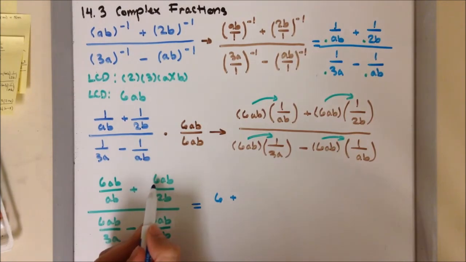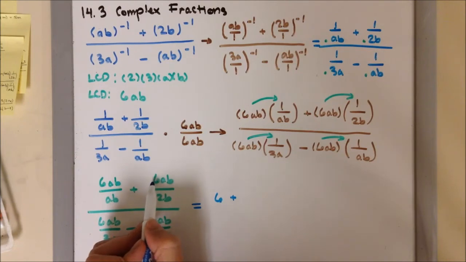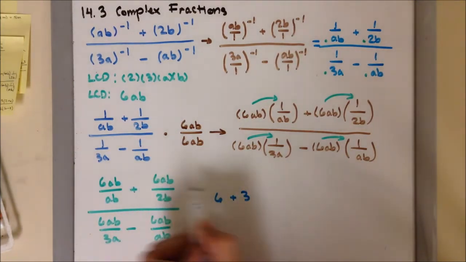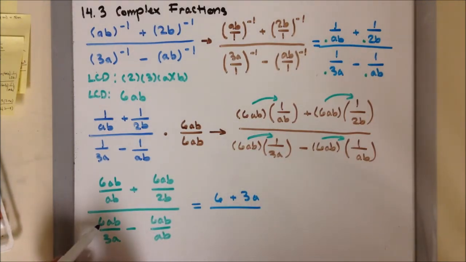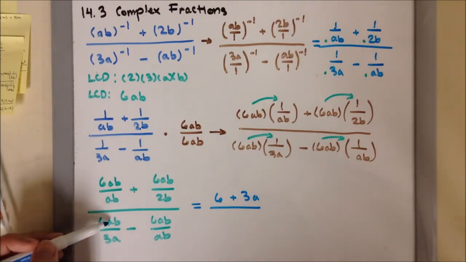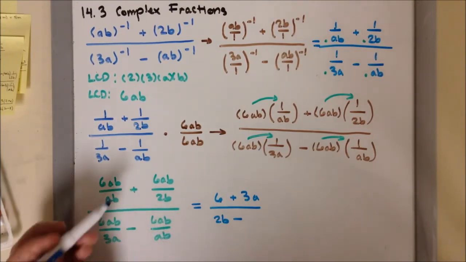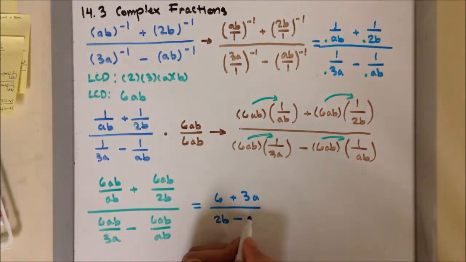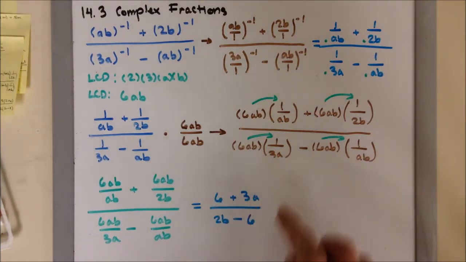The plus 6AB over 2B, the B will divide into 1, but the 6 divided by 2 will become 3, and I'm left with the A. Now the denominator part, 6AB over 3A, the A will divide into 1, but 6 over 3 will divide into 2, and I'm left with the B, so 2B, minus 6AB over AB, the A's and the B's will divide into 1, and I'm just left with 6. Now in the numerator we have 6 plus 3A, and in the denominator I have 2B minus 6.